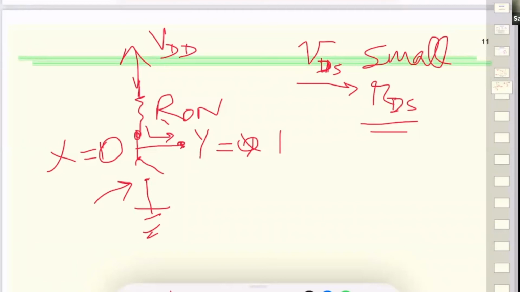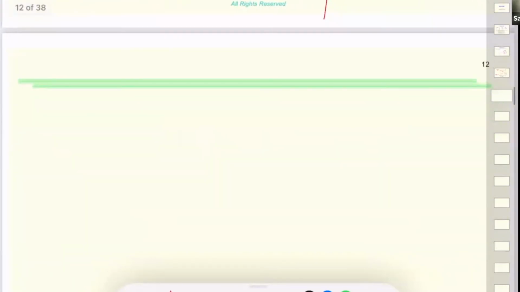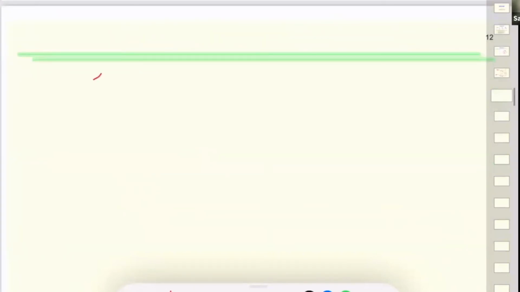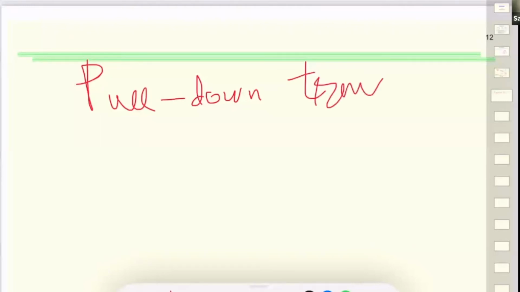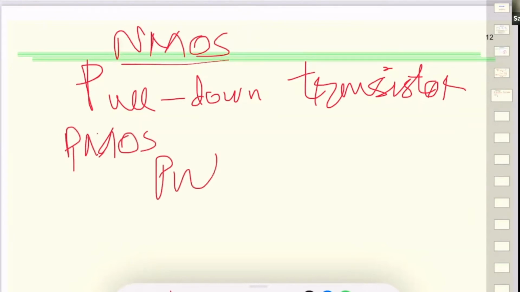So that's another way of referring to them. We call Nmos the pull-down transistor, and that's Nmos here in the inverter circuit. And Pmos is the pull-up transistor.